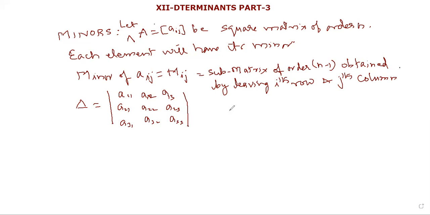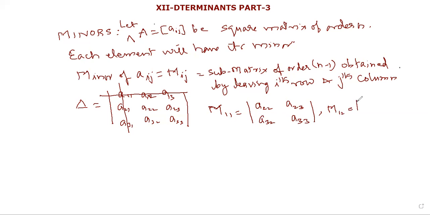Then if we want to write the minor of a11, each element will have a minor, M11. So M11 means we have to leave this row and this column. So what is left? a22, a23, a32, a33.